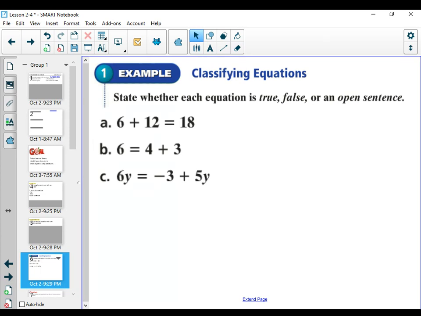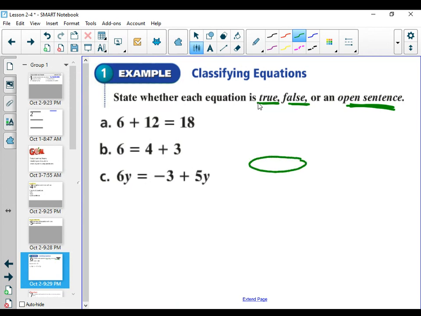If you look at the first example, 6 plus 12 equals 18. We are trying to figure out, is that true? Is that false? Is that an open sentence? We can think about this like a triple beam balance from 6th grade science.